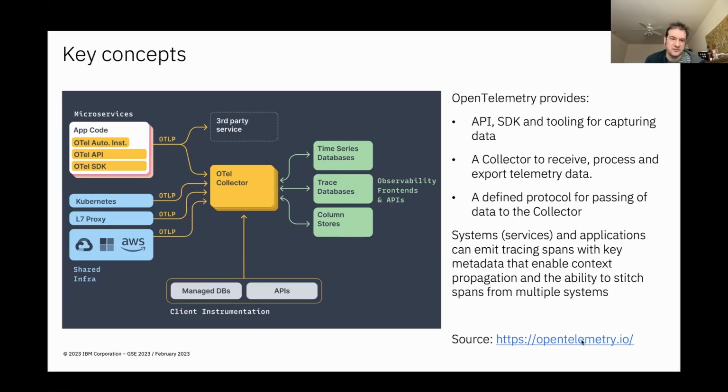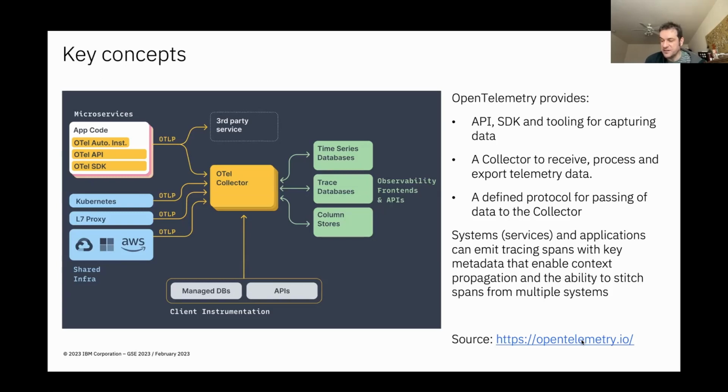For tracing, so transaction tracking, the systems will provide a tracer implementation, and that creates the spans that contain information about what is happening for that given operation, such as a transaction request.